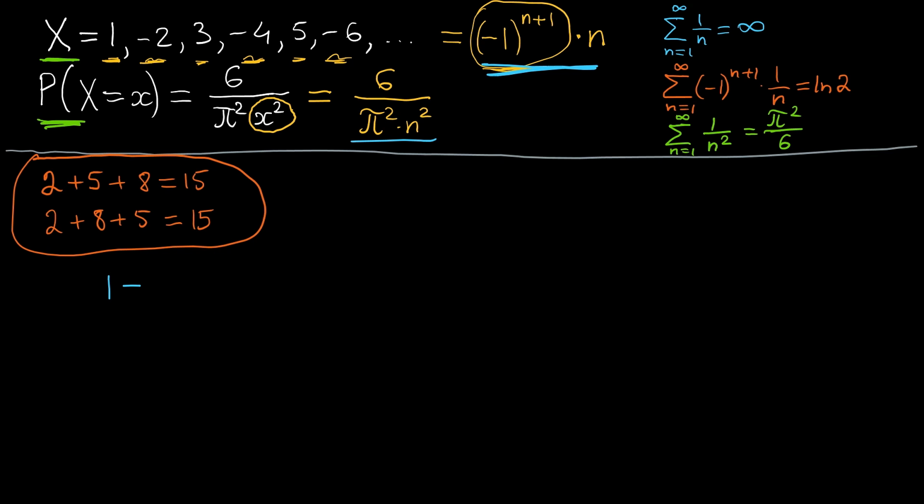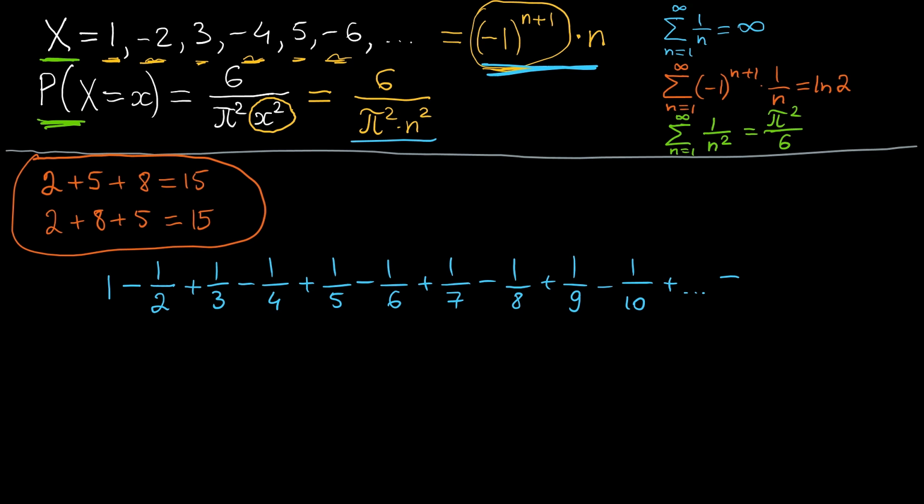So recall that the alternating series adds up terms that are of the form 1 over n, but the signs alternate. Okay, so this is what we have, and I do want to write quite a few terms here. And we know that this sum equals log of 2, right, from this result up here.